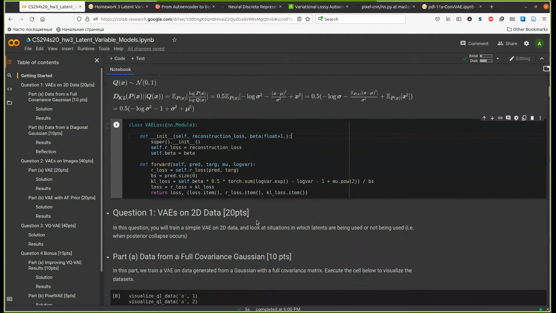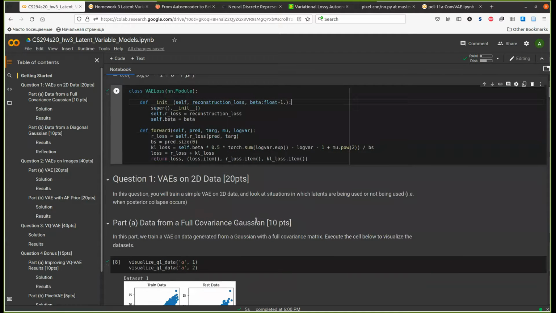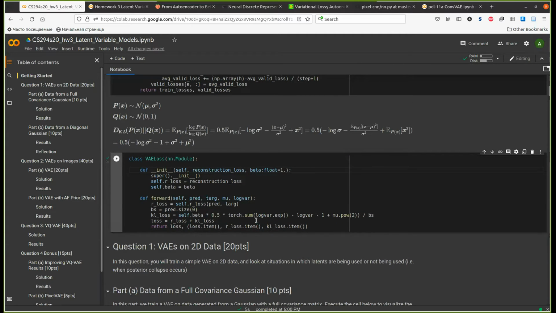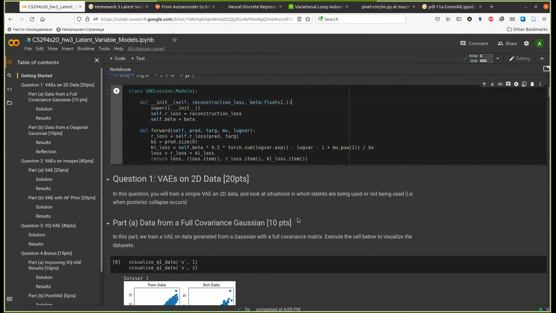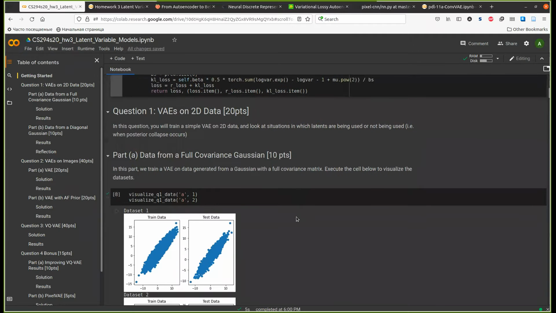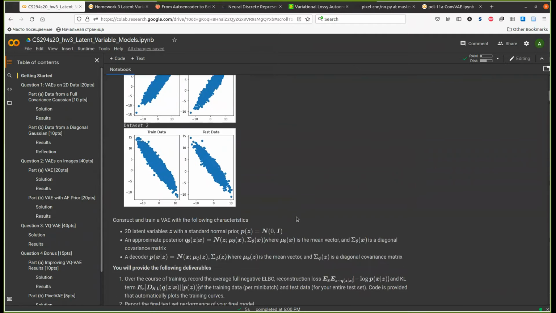There is a way to do it, and there is a white paper from Diederik Kingma and Max Welling, called Introduction to Variational Autoencoders, which describes what changes we need to make to model the posterior with a non-diagonal covariance matrix.